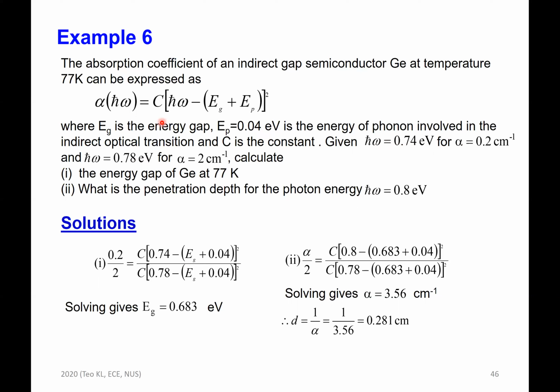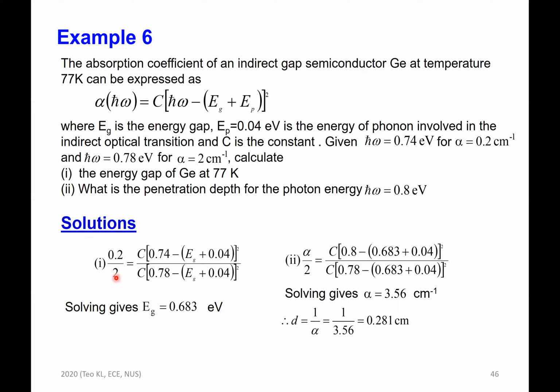Now, we just need to take the ratio from this equation, and then you can cancel off the constant. So you substitute the absorption coefficient for photon energy of 0.74, which is down here, and 0.2. The band gap is what we are supposed to find, and the phonon energy is 0.04 eV.